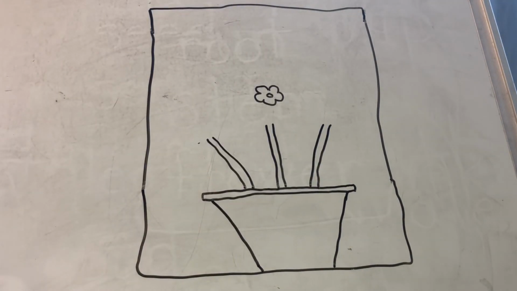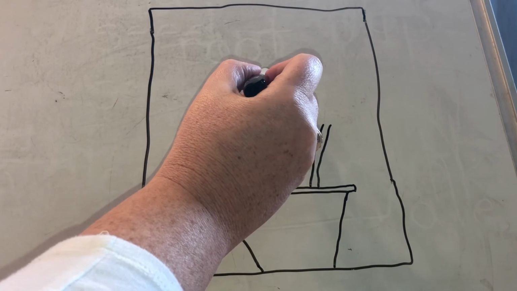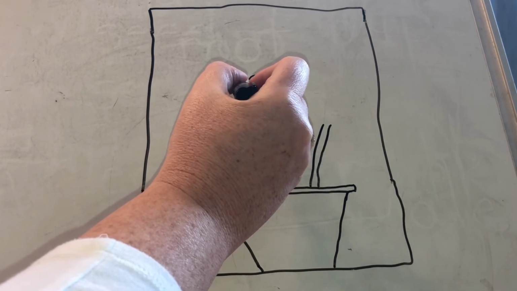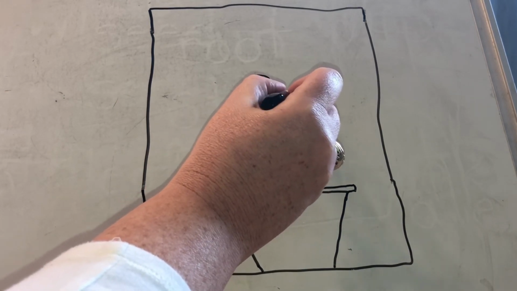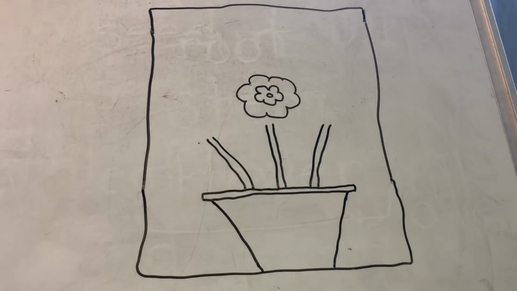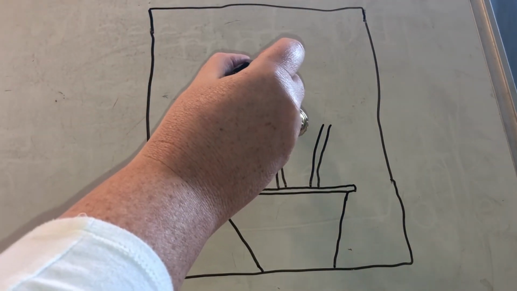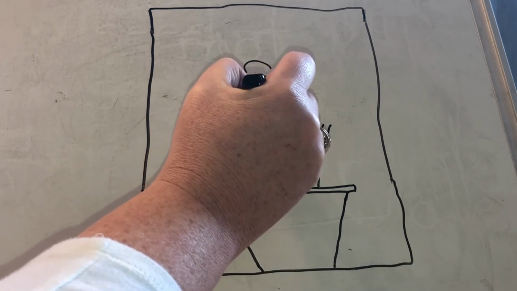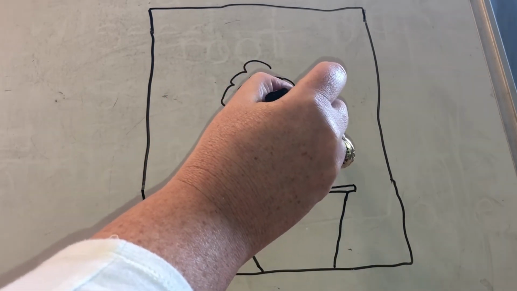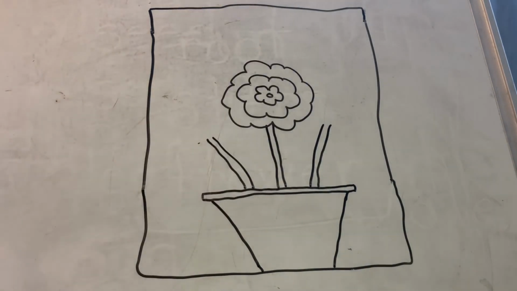Now to make it look like a flower, I'm going to go outside that shape and I'm going to do it again a little bit bigger, like that. I think I'm going to do one more. And that one goes all the way to my stem.